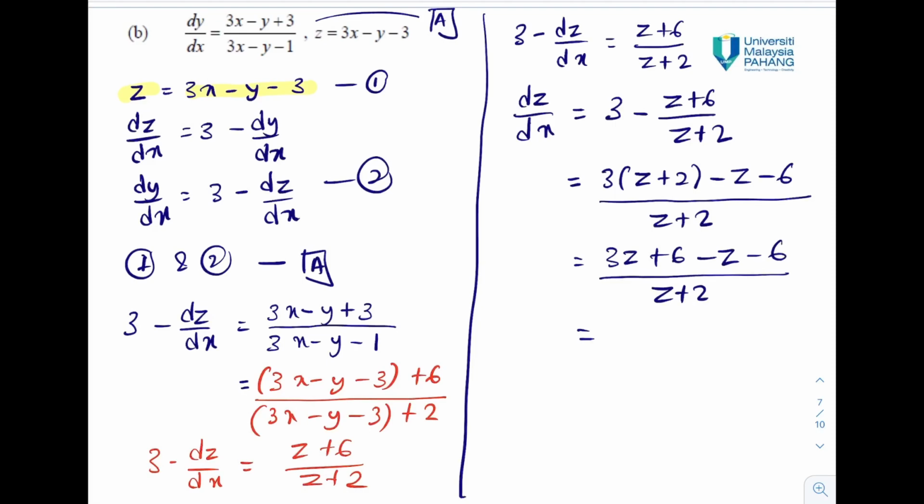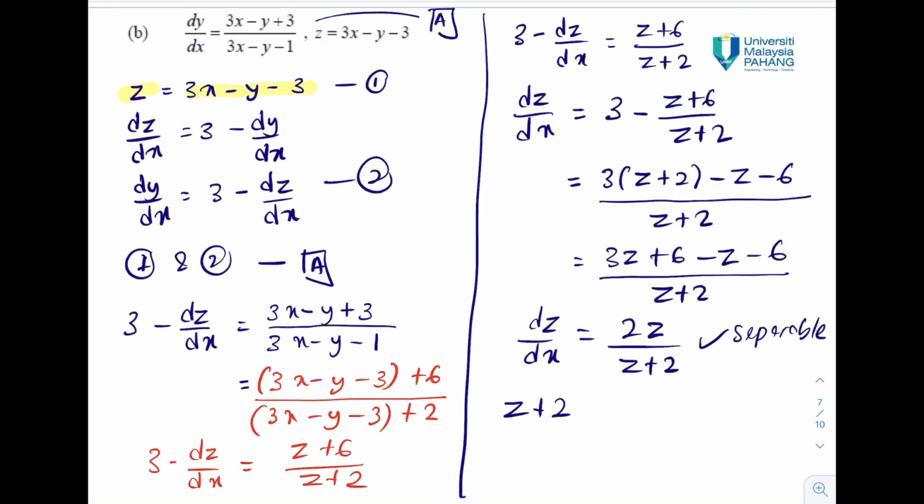Simplify. 2z, z plus 2. Okay, be careful with my 2 and my z. I can see clearly my z, and I can see clearly my number 2. Okay, so then over here, I just carry this one, and over here I will do the separation. Plus 2. This one is separable.